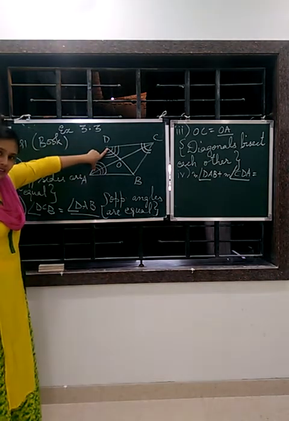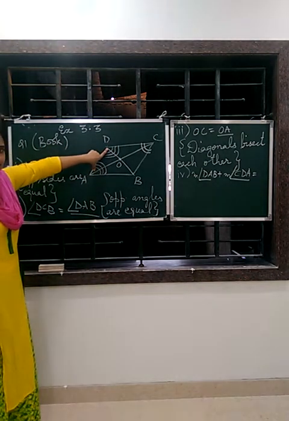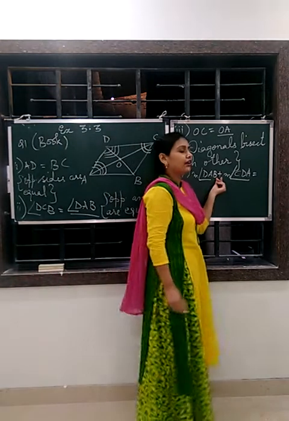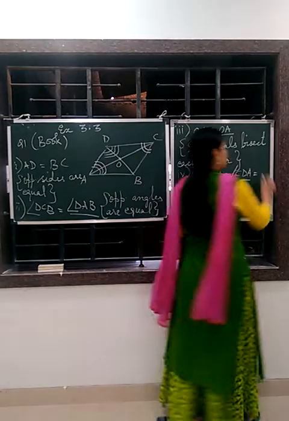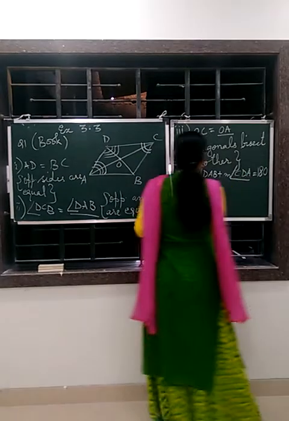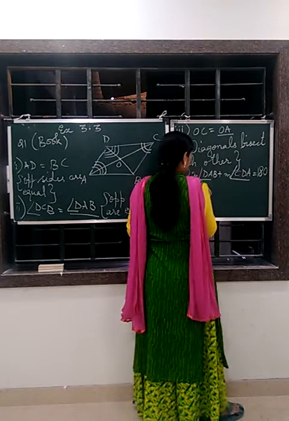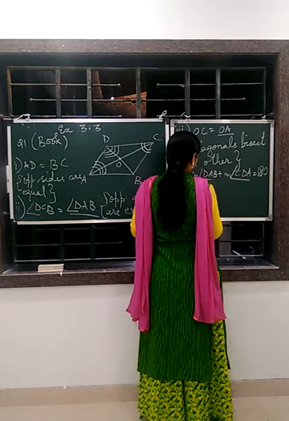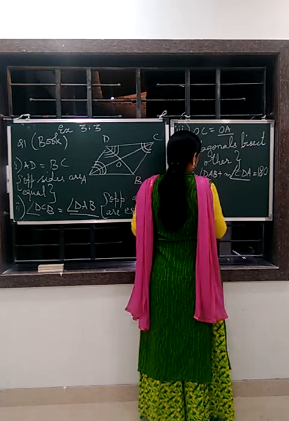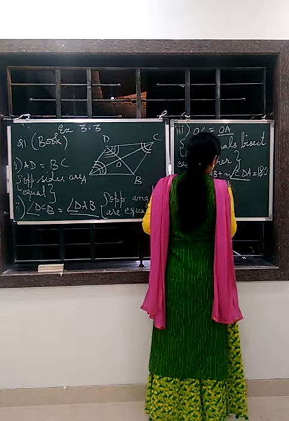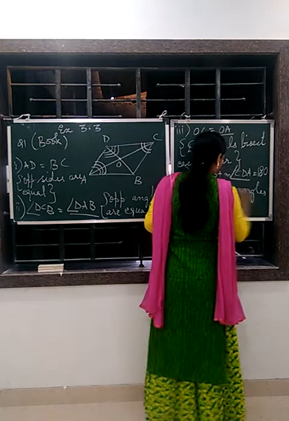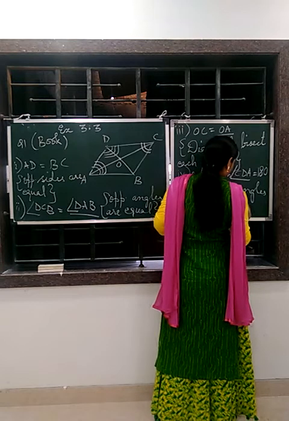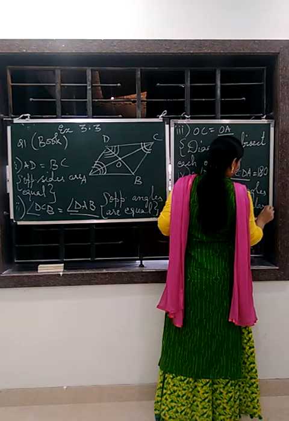So they are adjacent angles, so they will be supplementary angles. That means the addition of the measures of these two angles should be 180 degrees. So what will we write? Adjacent angles are supplementary.